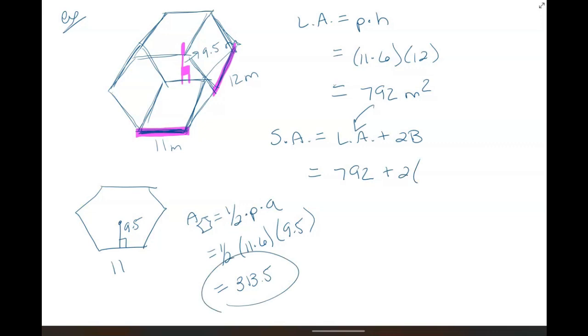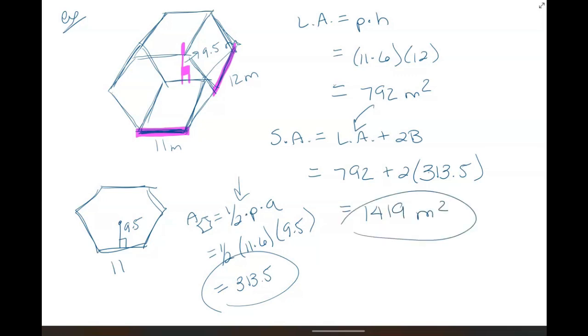The area of the base was this hexagon that we found the area of using 1/2 perimeter times apothem, and we got 313.5. And now when I put this all together, I'm going to end up with 1,419 meters squared.